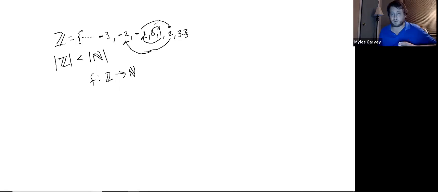And then from 2, suppose we go in here, right, is corresponding to 0. This is corresponding to 1. This is corresponding to 2 and 3, and then 4, and so on and so forth.